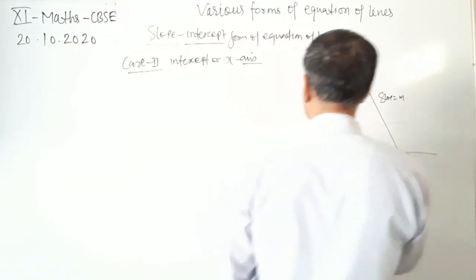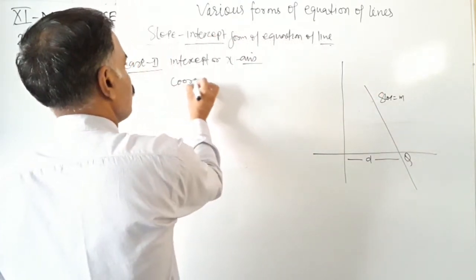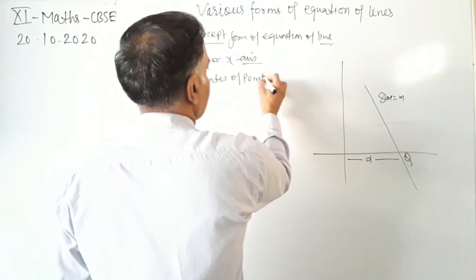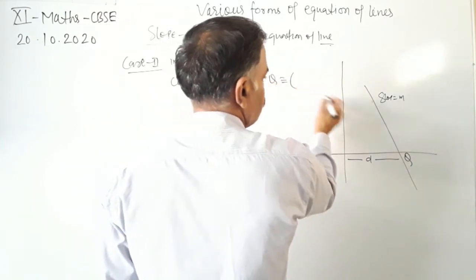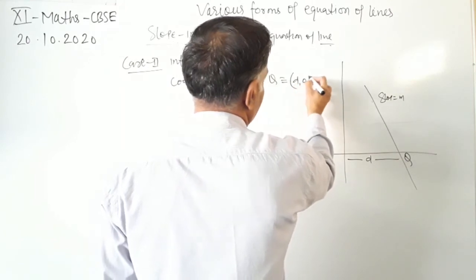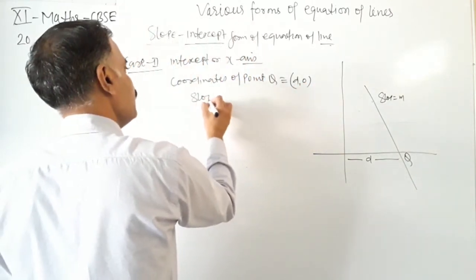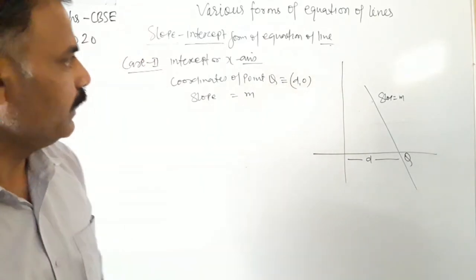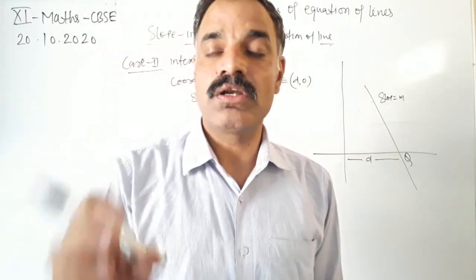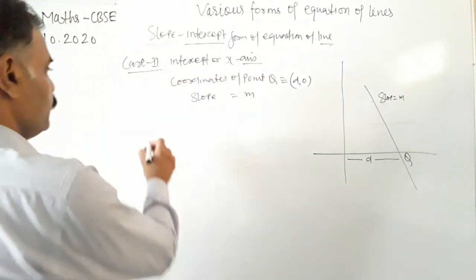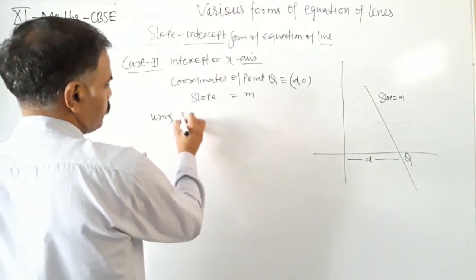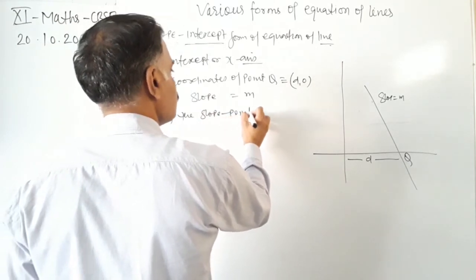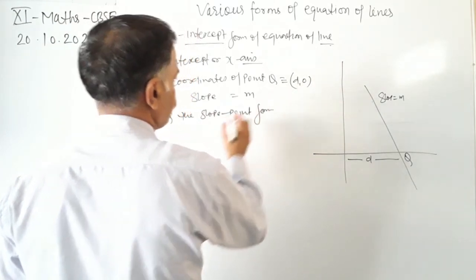So coordinates of point Q are d and 0, and slope of the line is given as m. So again using the point slope form to find the equation of the line.